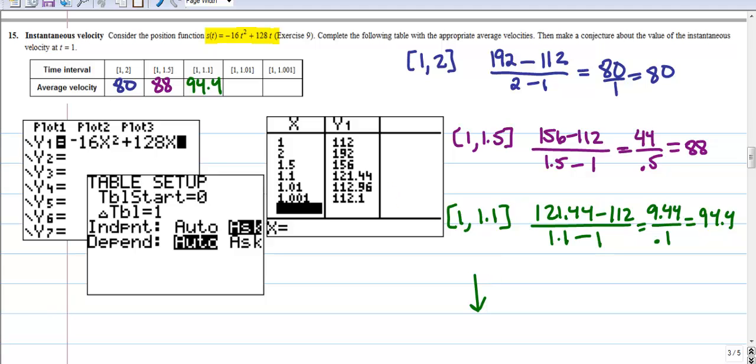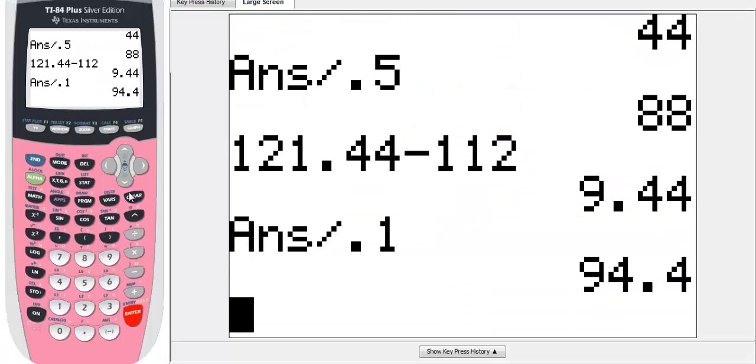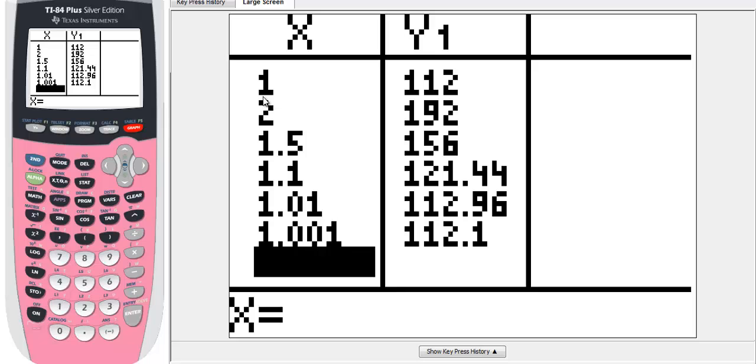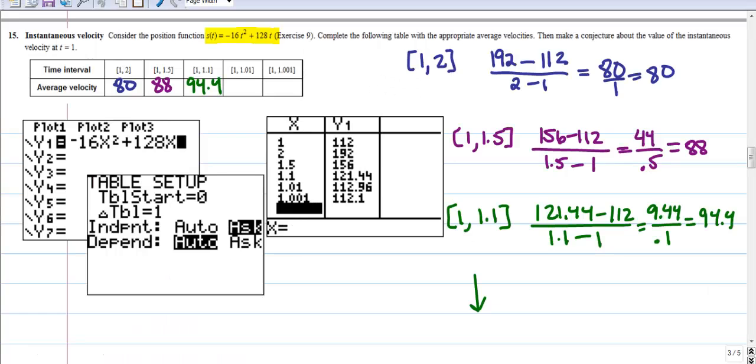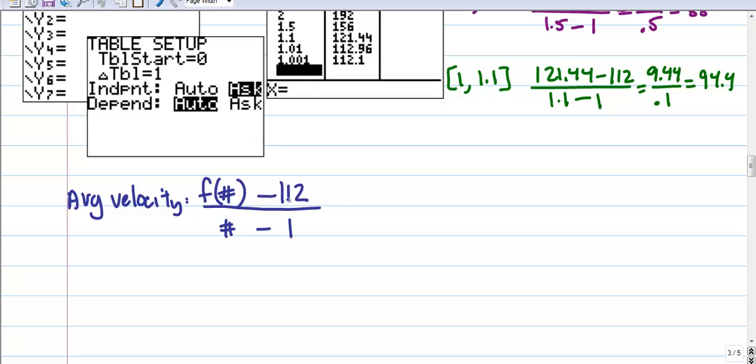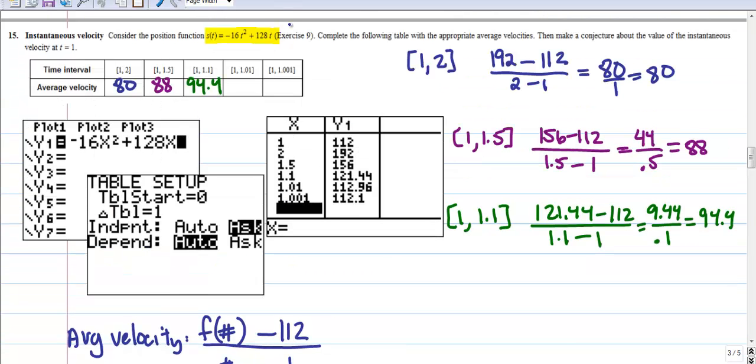I could also have done the following. The other option, and this is actually one way that I do it, is that once I notice, coming back to my table, that it's 112 and 1, meaning each time I do this process for average velocity, it's always going to be the function at the number minus 112 and then the number minus 1. It's always going to look like that in each one of these intervals because they each start with the number 1.